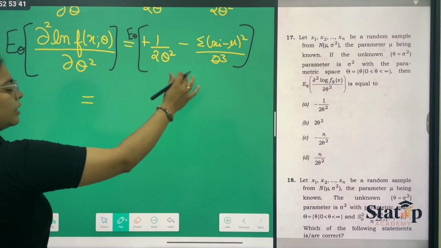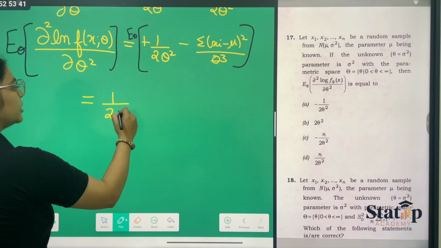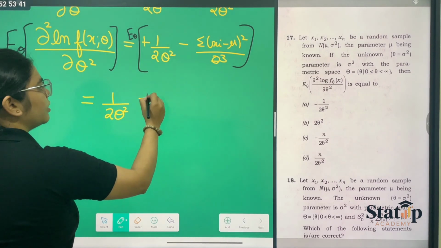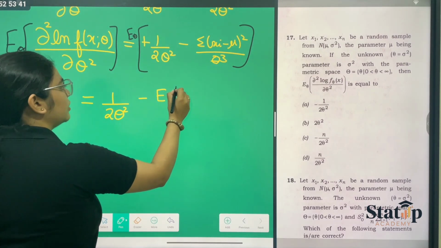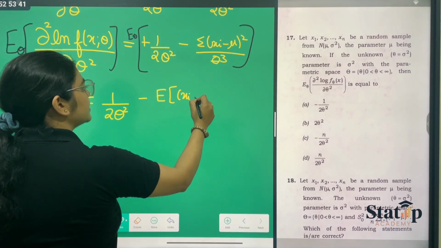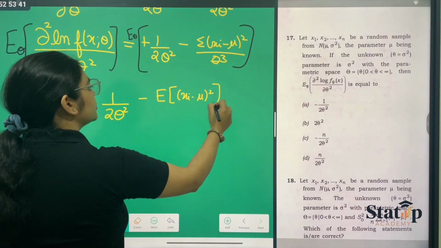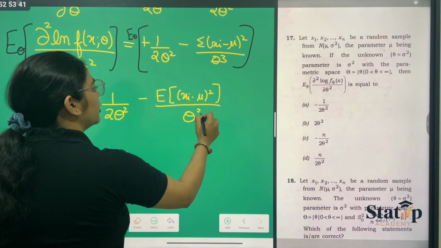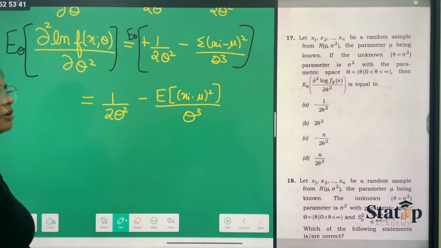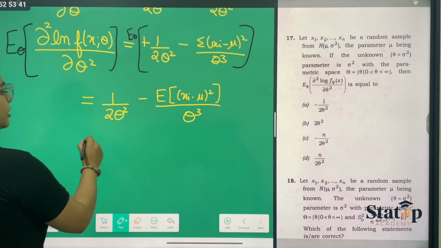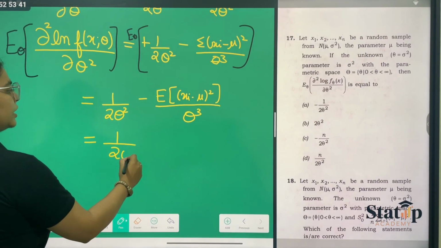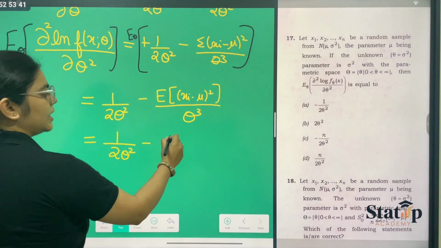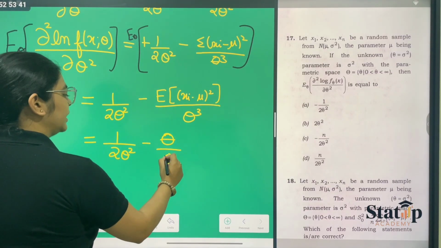This will be nothing but equal to 1 upon 2 theta square minus the expected value of (xi minus mu) whole square upon theta cube. Now the expected value of this will be nothing but the variance, so it will be 1 upon 2 theta square minus the variance, whose value is theta, upon theta cube.